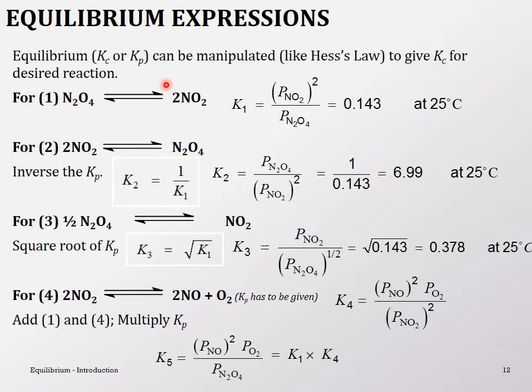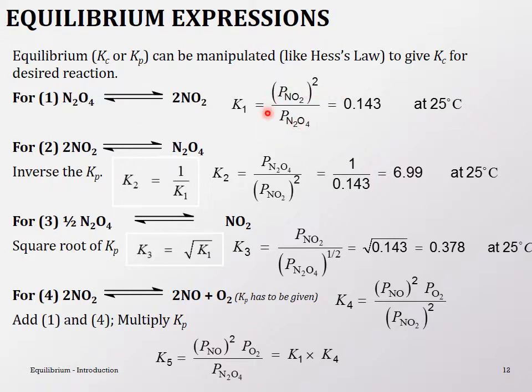So for example, let's look at the first reaction here. We have dinitrogen tetraoxide to give 2 moles of nitrogen dioxide. When you write the K1 for it, which essentially is Kp, because here the pressures are given to you, for Kp1 you have the pressure of nitrogen dioxide, which is squared because that's what the product is, and then of course the reactant, which is N2O4 here at the bottom.